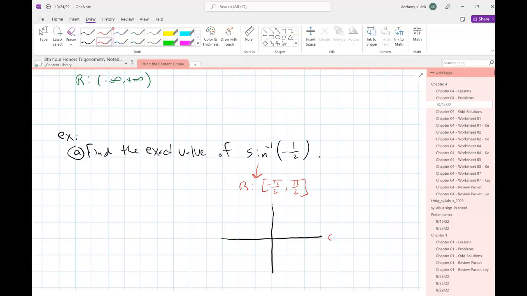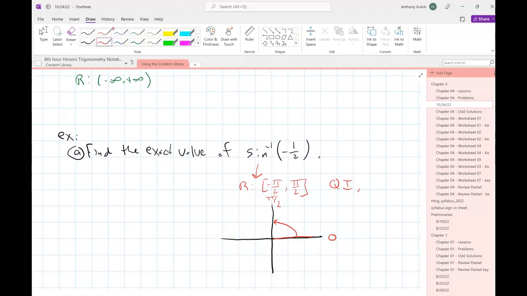Well, a standard position angle, a 0-degree angle, starts here, right? If we rotate counterclockwise, pi over 2 is there. So this is certainly quadrant 1. Everybody cool with that?